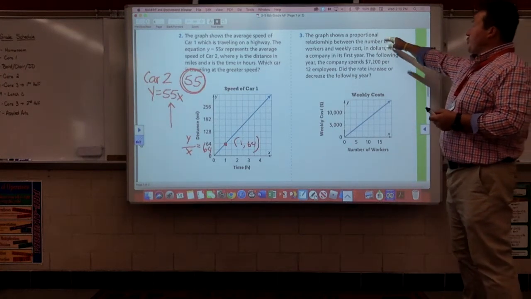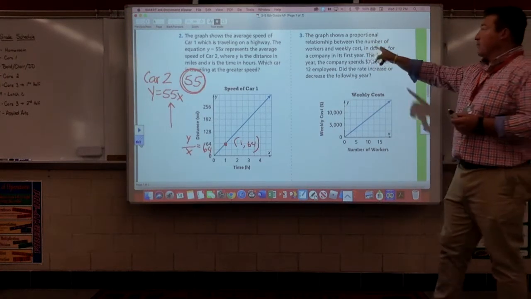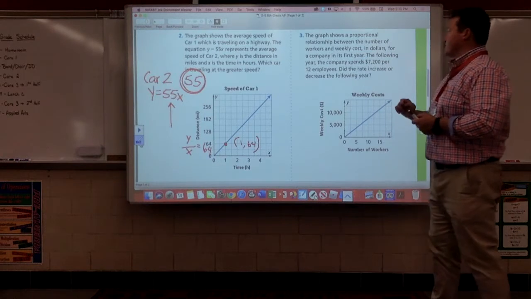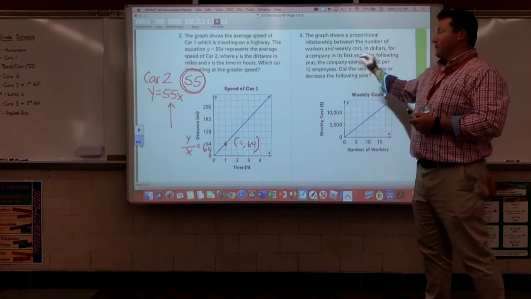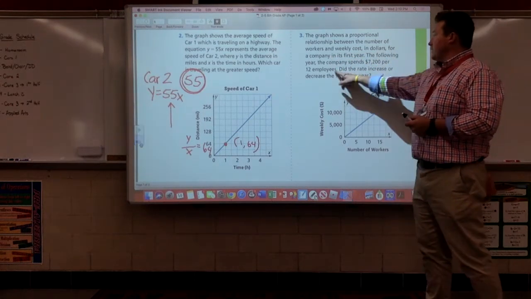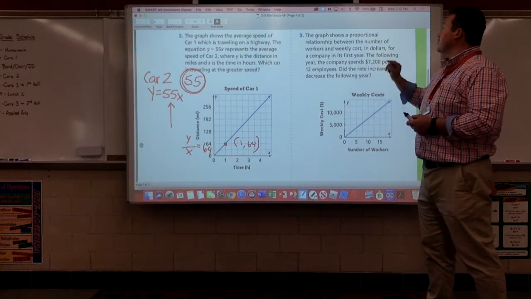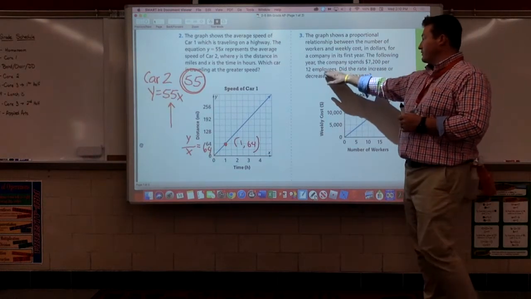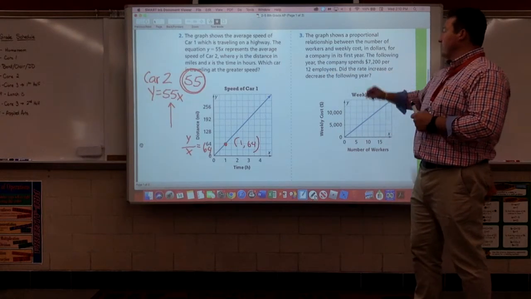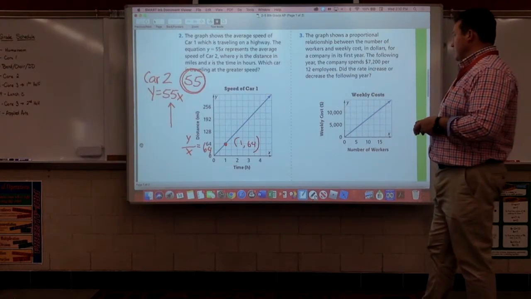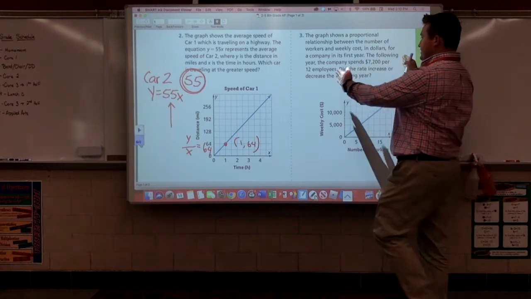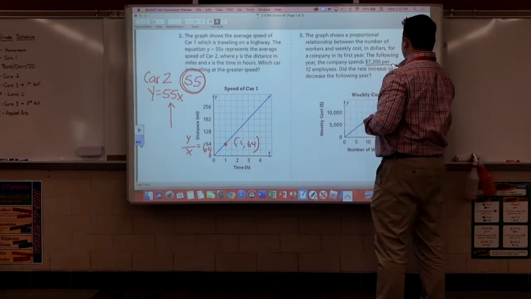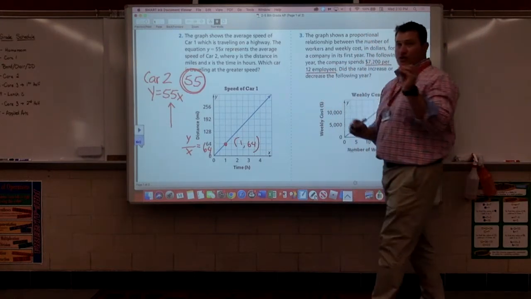The graph shows the proportional relationship between number of workers and weekly cost for a company in its first year, okay? The following year, the company spends $7,200 per 12 employees. Did the rate increase or decrease? Well, this is the second year, guys, right here, $7,200 per 12 employees.